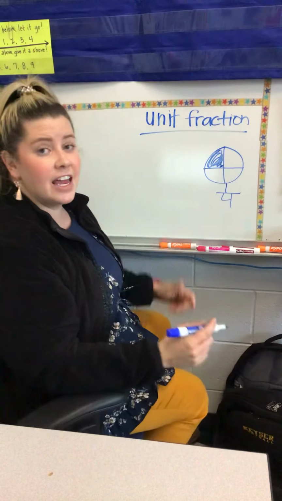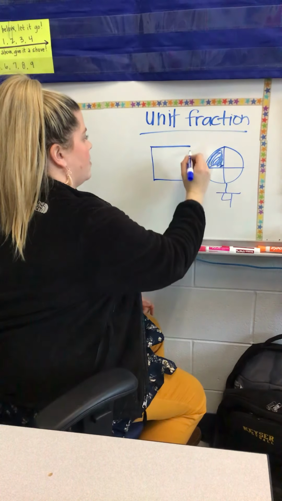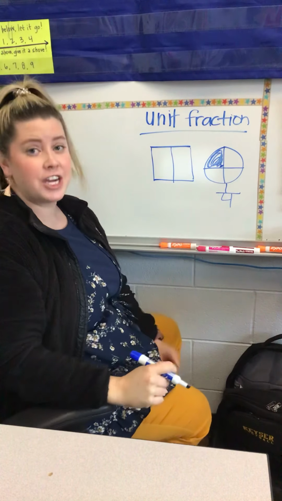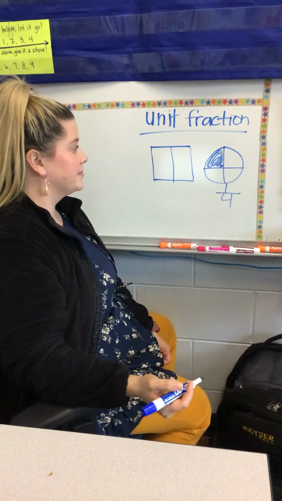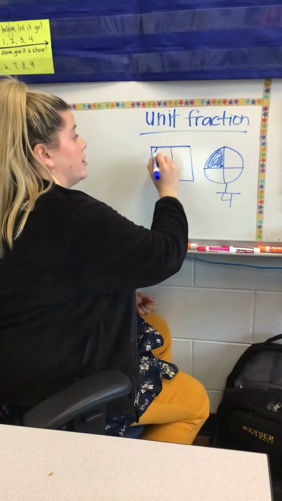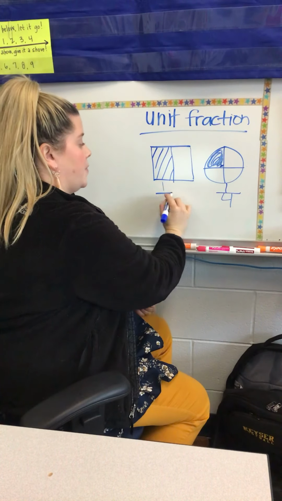So now let's see if you can do it. What's the unit fraction for that shape? See if you can figure it out. Okay, so with a unit fraction, I'm talking about 1 part. So that means my numerator is 1.